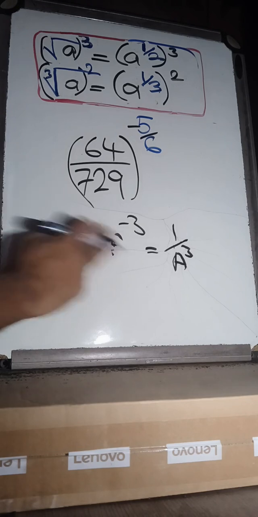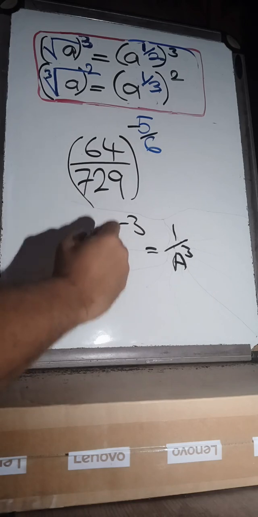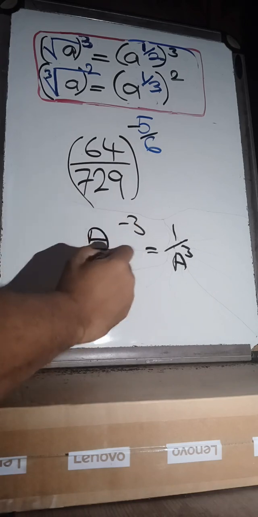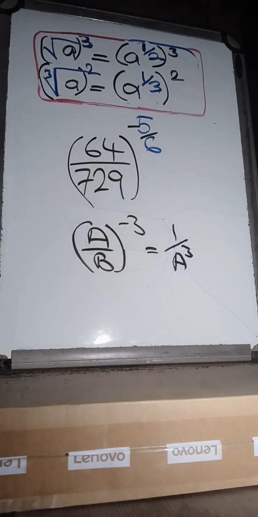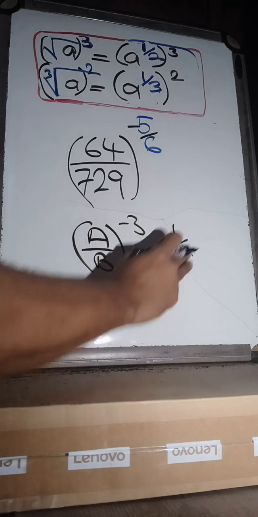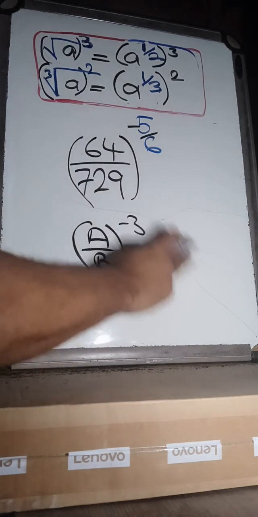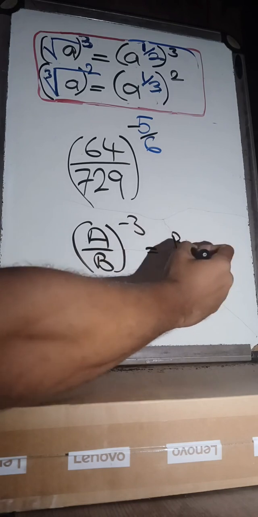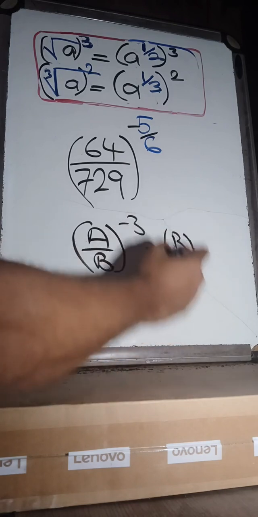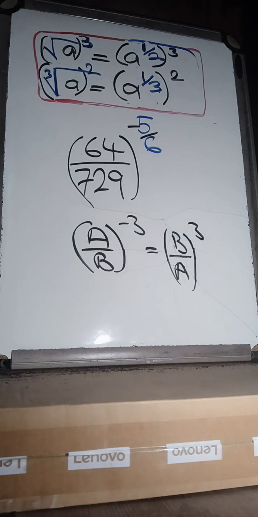So for example, if you have A over B raised to the minus 3, what you really have is something like that. That's where it gets tricky.